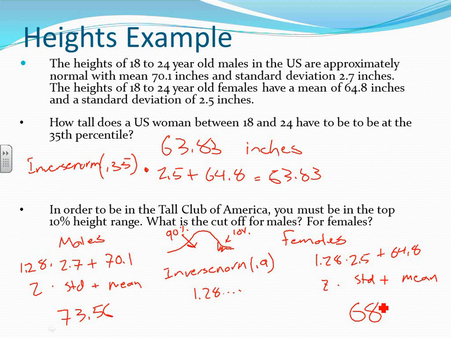You'll have to be able to go both ways. Remember, if you have an observation, you'll turn it into a z-score and then use normal CDF to find your percentage. If you have a percentage, you'll turn that into a z-score using inverse norm, and then you will change that z-score into an observation using our manipulated formula. Multiply by your standard deviation, add your mean.